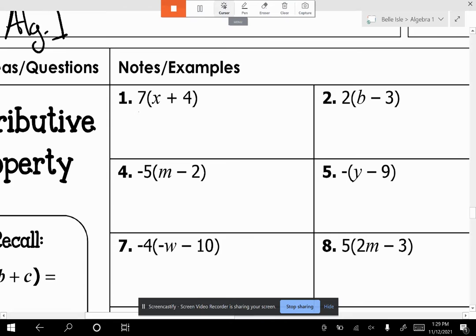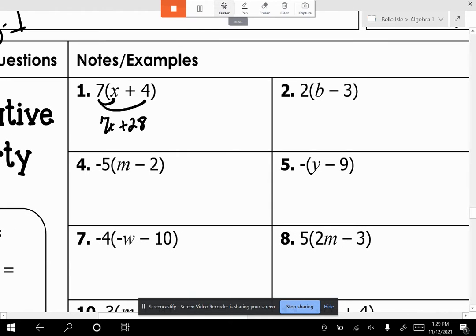So 2 terms, you multiply the 7 to the x, 7x. You multiply the 7 to the 4. Keep the sign with the number. So if that 4 has a plus in front of it, you count that 4 as a positive 4. Is that simplified? Yes.